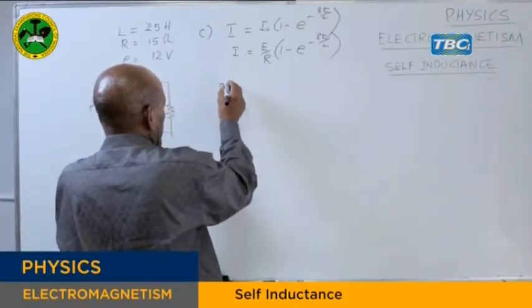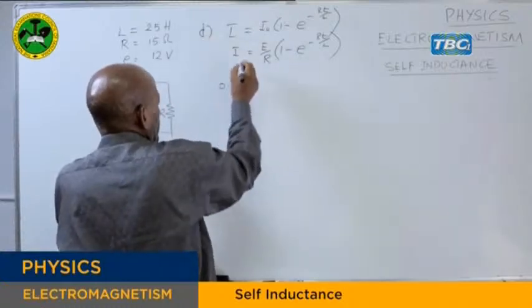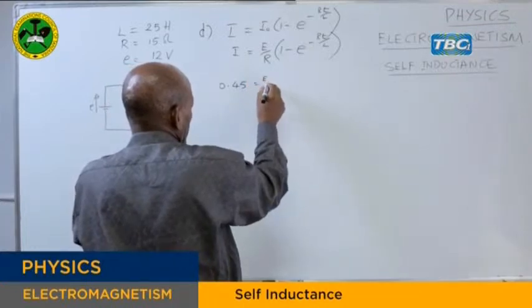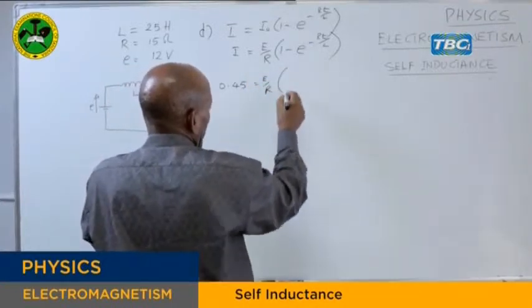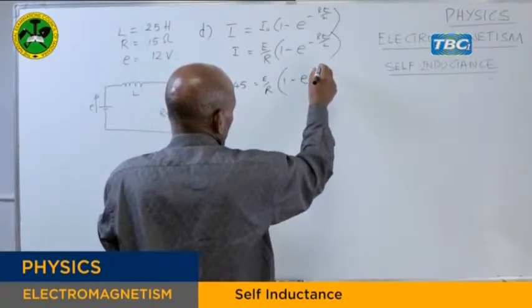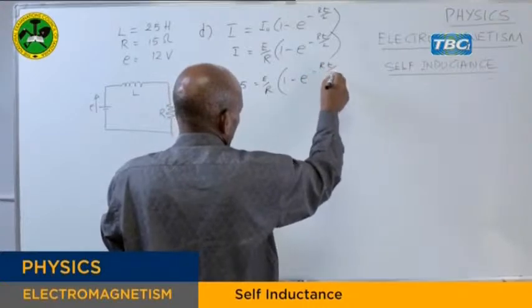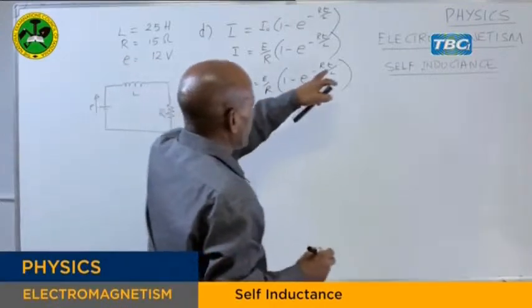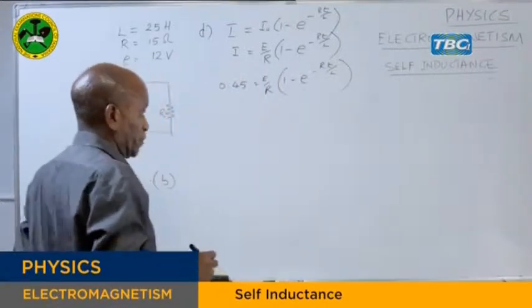So the current will be equal to 0.45, and this will just be equal to E over R, 1 minus e power minus R T over L. So we substitute the values now, and we need to determine the value for T.